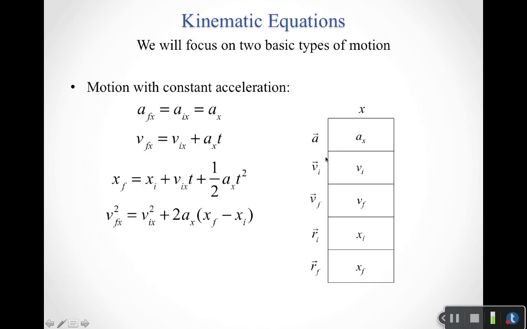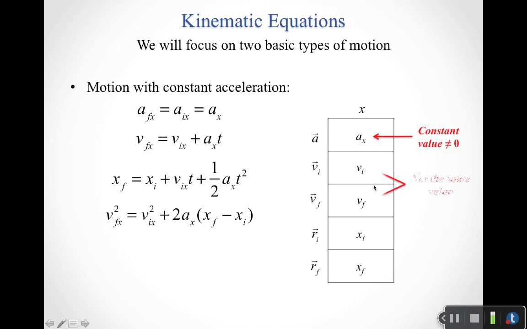And again, what we'll do is break up our vector quantities. We'll think about their components, and if I have a problem where, say, I know that what's going on in the x direction is constant acceleration, then that tells me that this value right here is some constant value that's not 0.